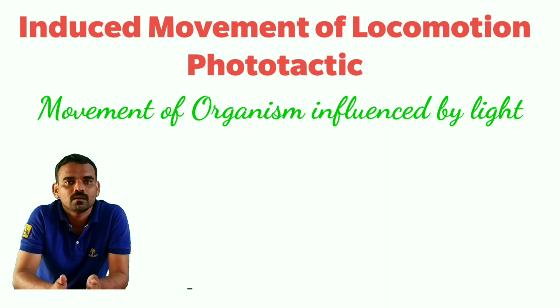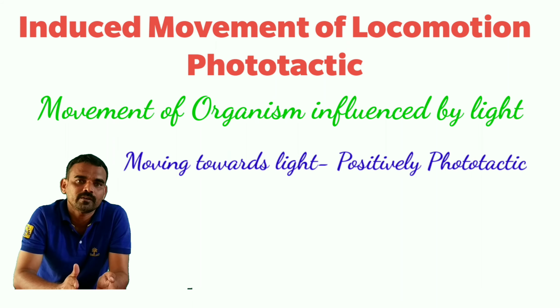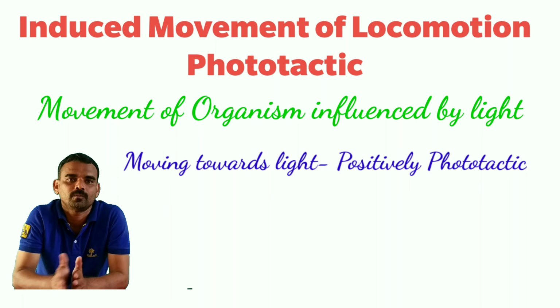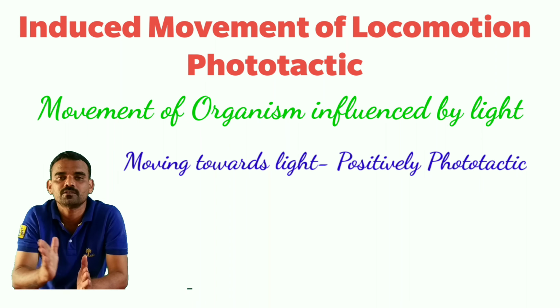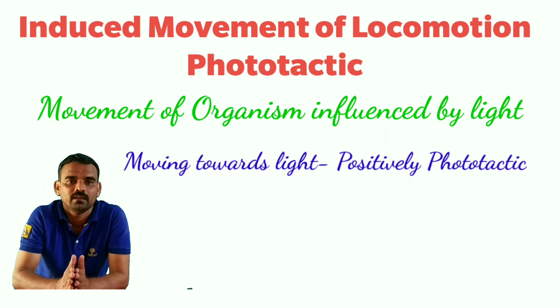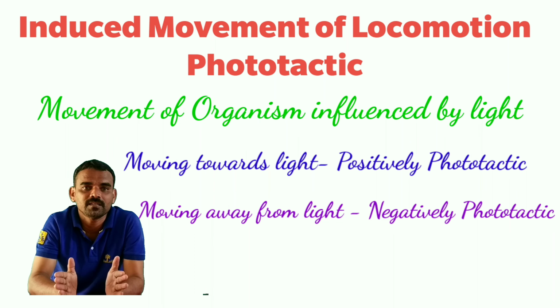In phototactic locomotion, the organism moves according to the sunlight. It may be positively phototactic or negatively phototactic. If it is moving towards the light, it is known as positively phototactic. If it is moving away from the light, it is known as negatively phototactic. An example is Chlamydomonas.